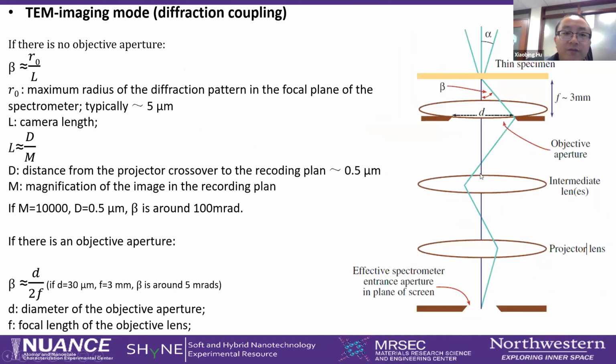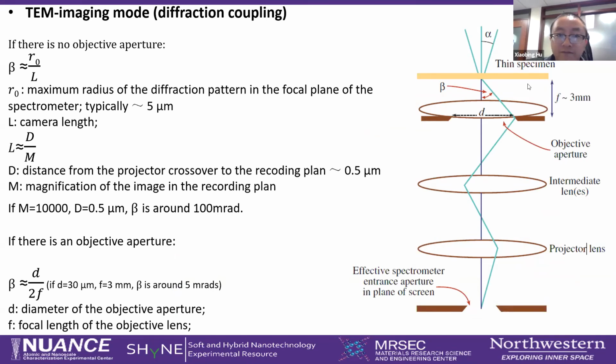For the imaging mode, there are also many formulas you can use to calculate this. For example, in TEM mode, beta is around 100 milliradians. If you use the aperture, it's about 5 milliradians. I didn't want to cover many details; you can see the details for how to calculate this.